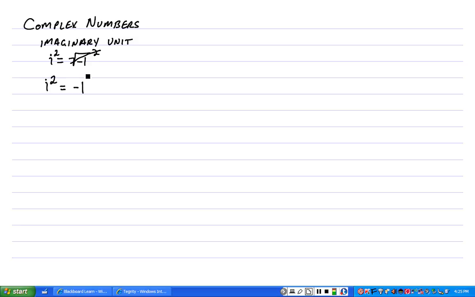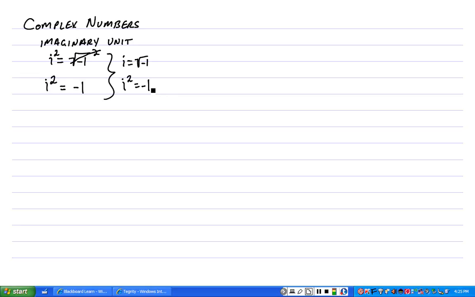So again, the two things we're looking at for the imaginary unit are i equals the square root of negative 1, and i squared equals negative 1. These are two things you need to make sure you remember for this session.